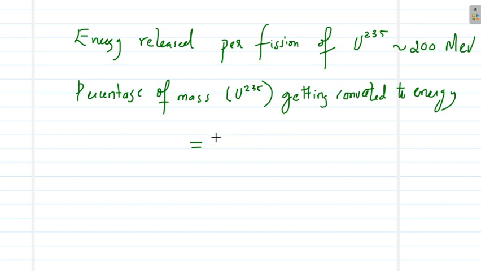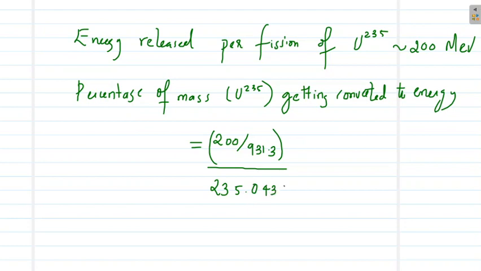So what is the mass corresponding to 200 MeV? 200 divided by 931.3. This much is the difference in mass per fission. And what is the rest mass of uranium? The rest mass is 235.0439.